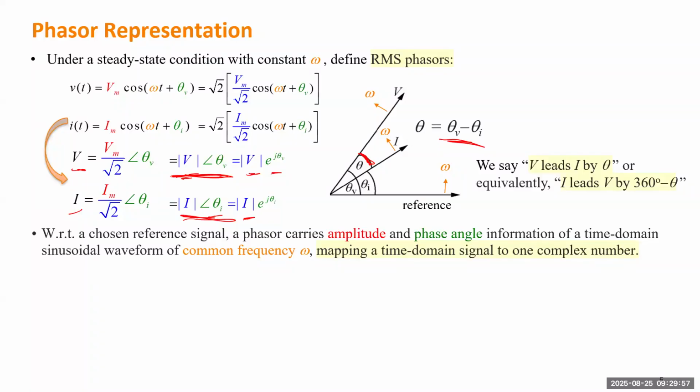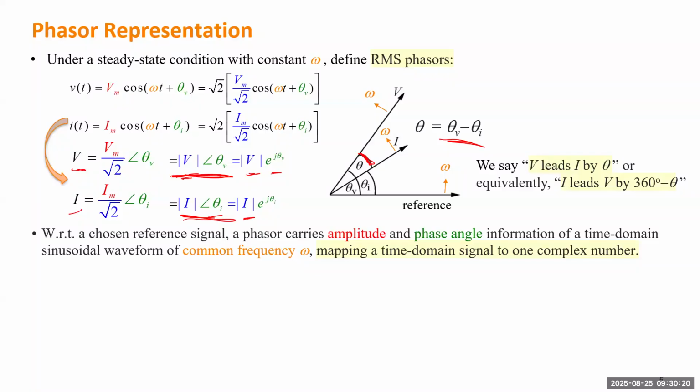So with respect to a reference, a phasor carries the amplitude and phase angle information of a time domain sinusoidal waveform of a common frequency, mapping a time domain signal to a complex number, such that we can define a phasor for every sinusoidal waveform.